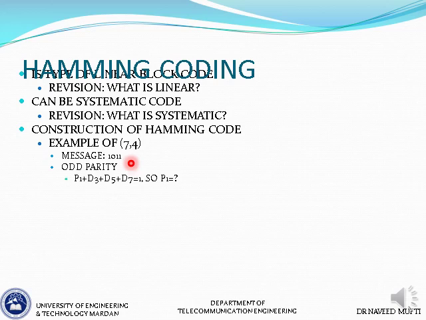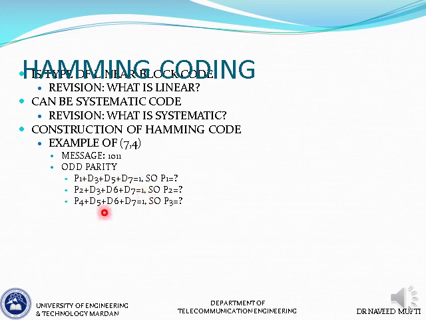Now the parity bit 1, this is the equation for parity bit 1. Parity bit 1 has its own unique equation, and that is how parity bit 1 is calculated. This is the equation for parity bit 2, and that is the equation for parity bit 3.